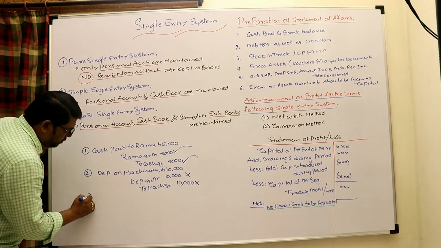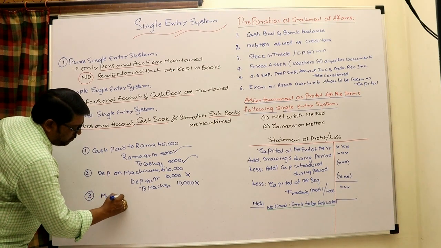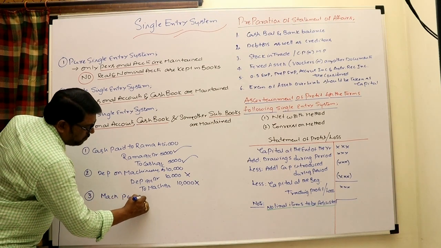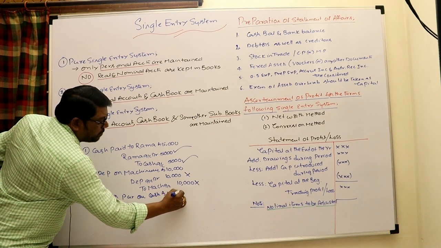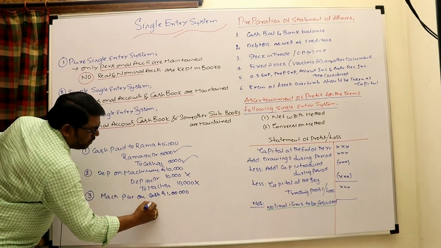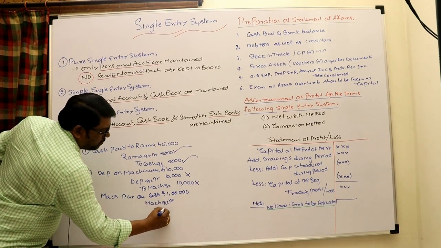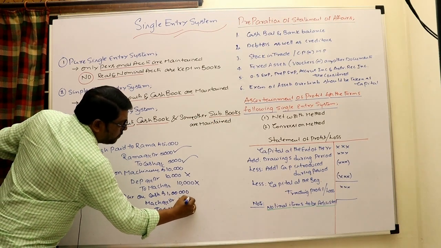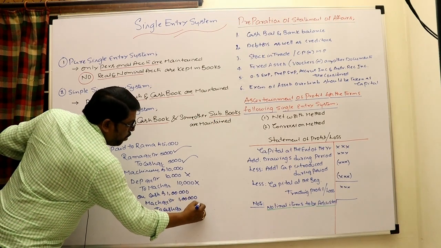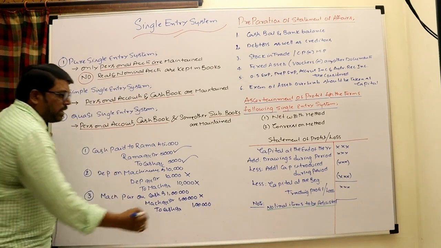The third one is machinery purchased on cash, let us say rupees 1 lakh. Entry: machinery account debit to cash account, rupees 1 lakh. Here the machinery account is not maintained, but the cash account is.